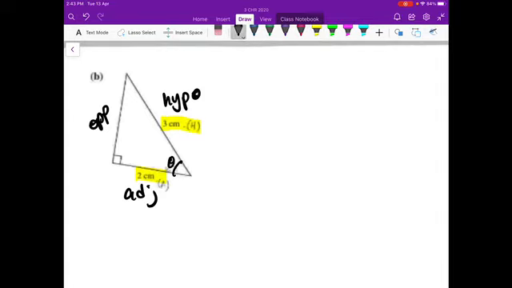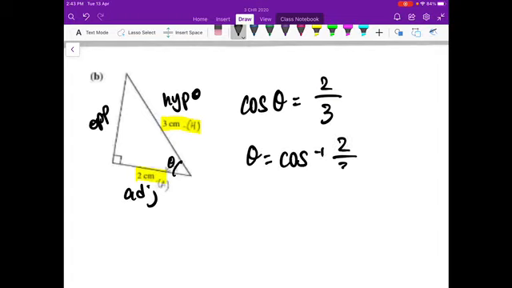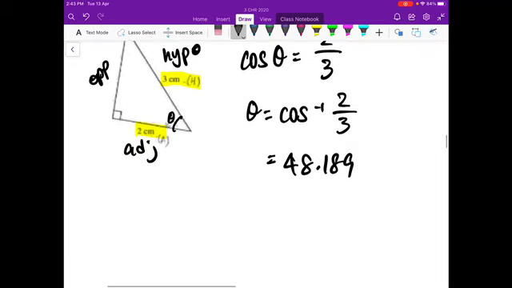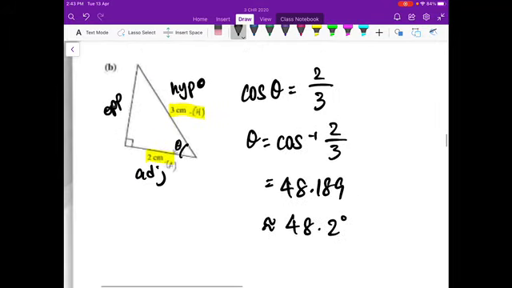Okay, so cosine theta, adjacent over hypotenuse, 2/3. Theta is cosine inverse 2/3. Yeah, 1 dp.